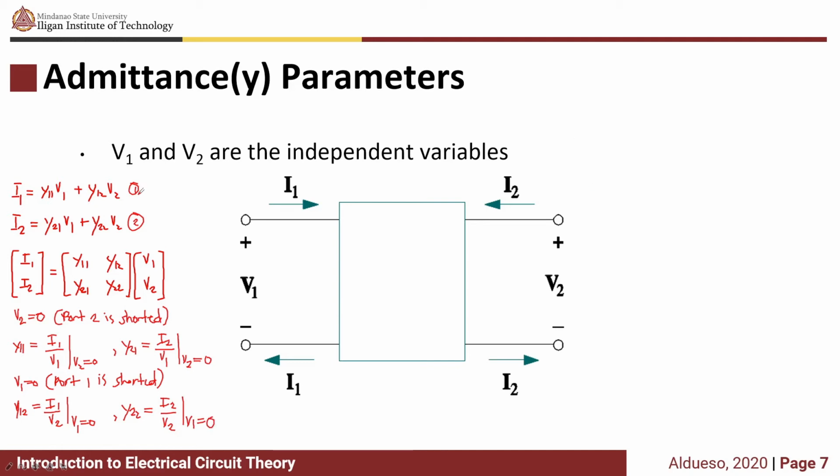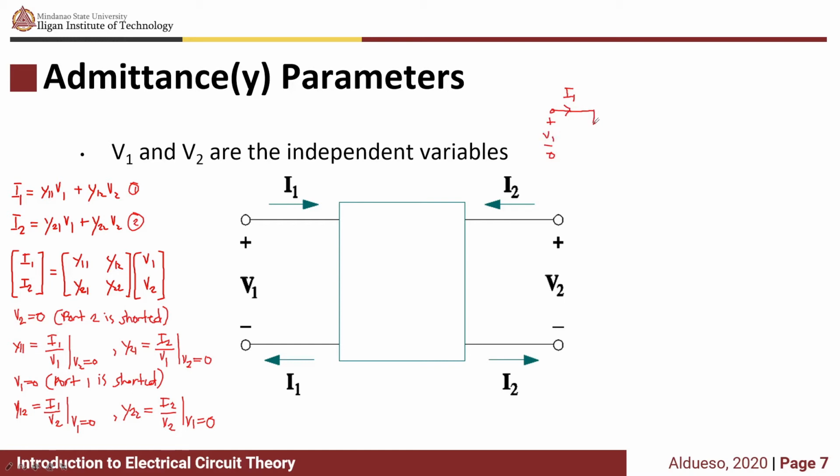Now looking at equations 1 and 2, we also have an equivalent circuit for the admittance parameters. So if I1 is equal to y11 v1 plus y12 v2, this is for I1 at port 1.